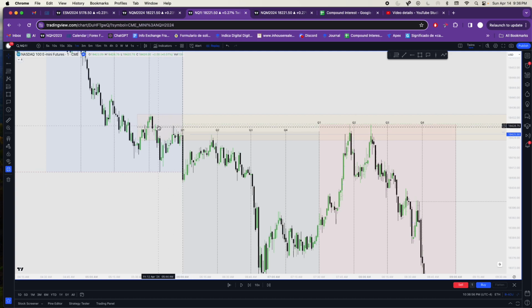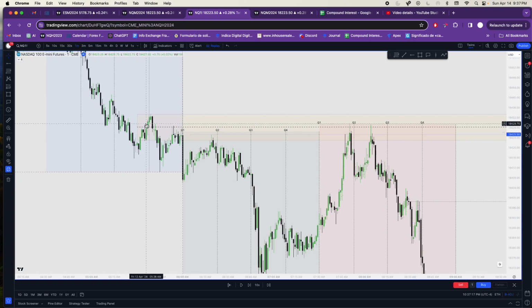Notice how we take these highs out, and we run right into this fair value gap here. This fair value gap is nested within a bearish order block. See? Bearish order block, fair value gap. They're all within each other.